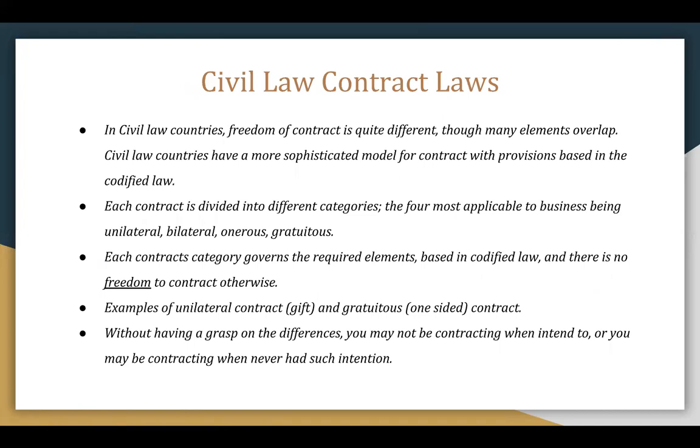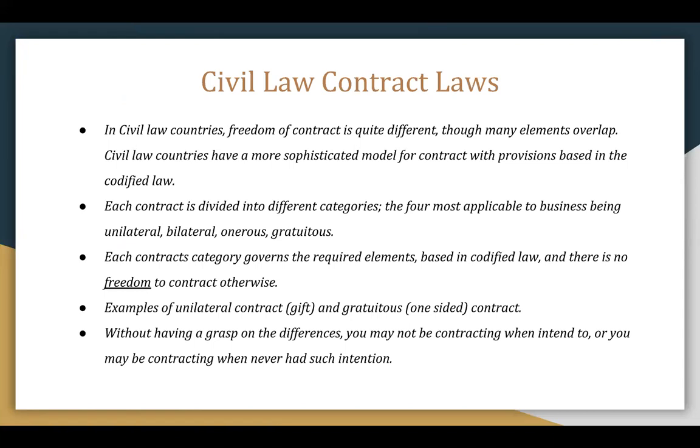In civil law, it's quite different. A lot of the elements overlap. They have different names, so that can create some confusion. But civil law has a much more sophisticated model for contracting with provisions that are based in codified law. They are set, and you do what they say. What's unique with civil law is the contracts are divided into different categories.